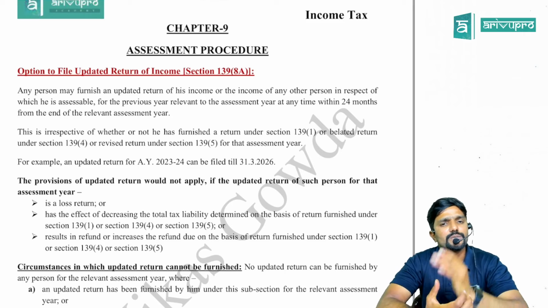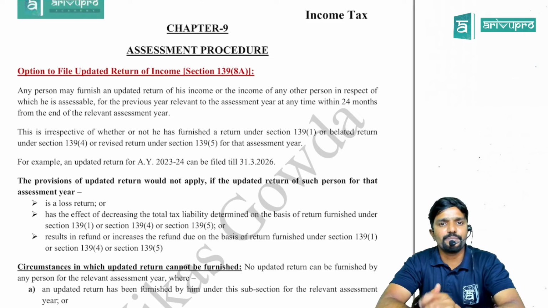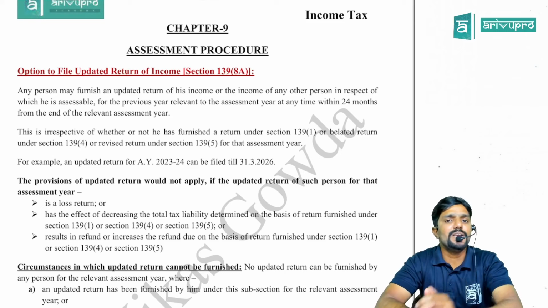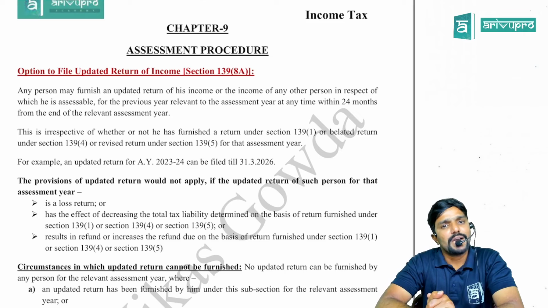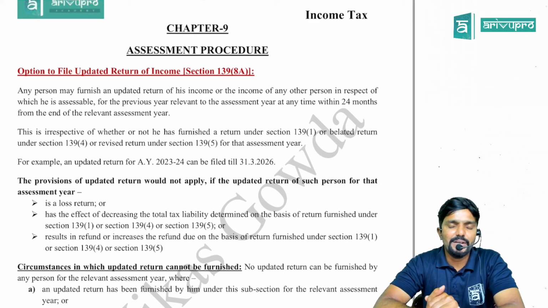We have seen already who has to file the return within what time and all. We already discussed in detail in our regular class. So the due date to file income tax returns is either 31st July of the assessment year or 31st October of the assessment year or 30th November of the assessment year, depending upon who the assessee is.